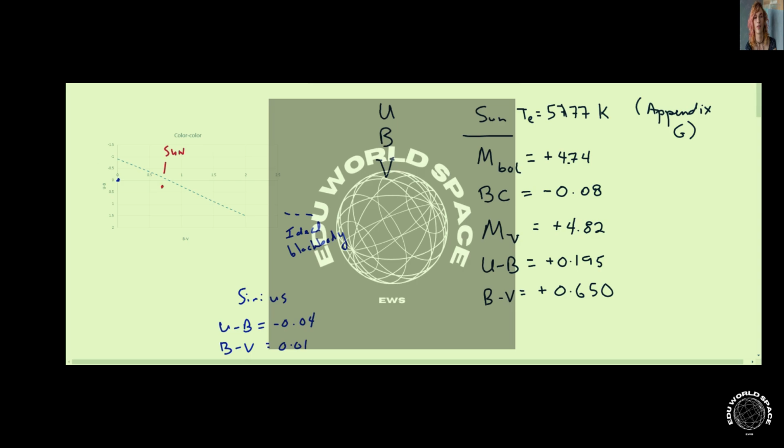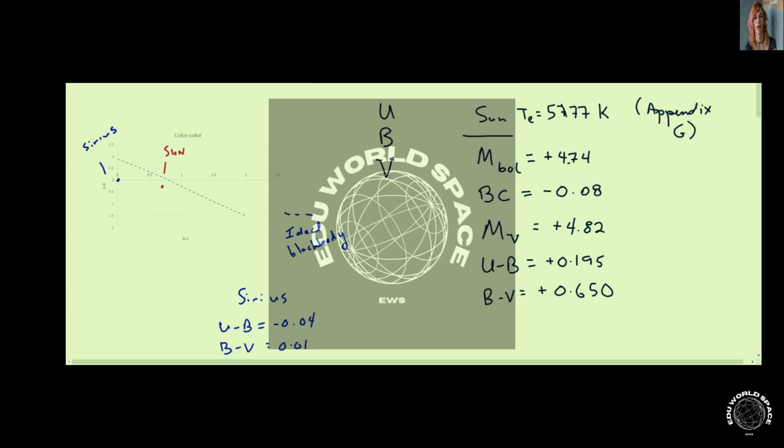And you see that the two stars are kind of following the black body curve, which is basically going towards hotter stars up and to the left. So we can definitely see from the color filters that the sun is cooler than Sirius.